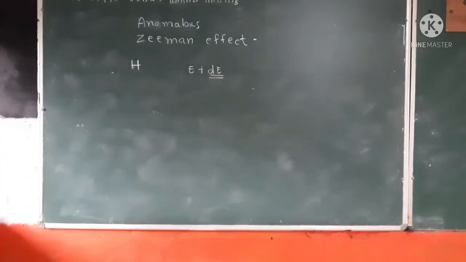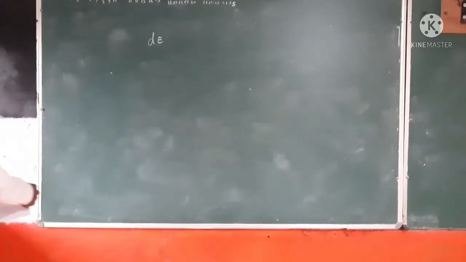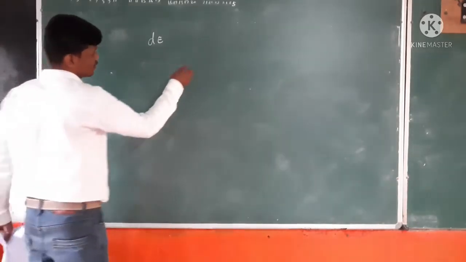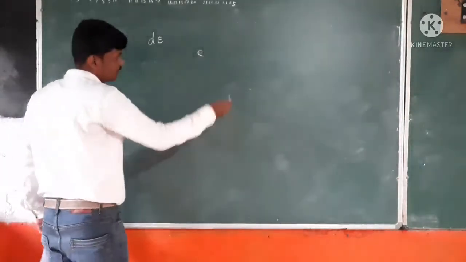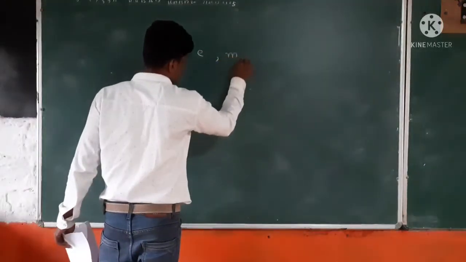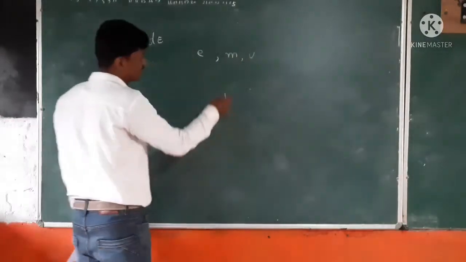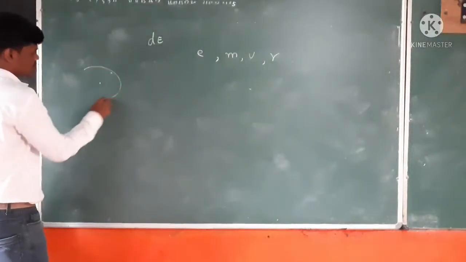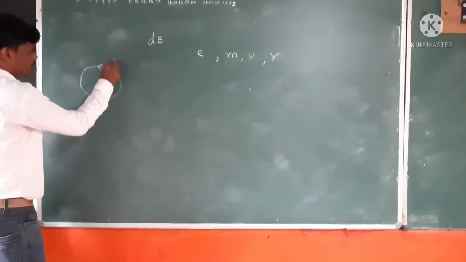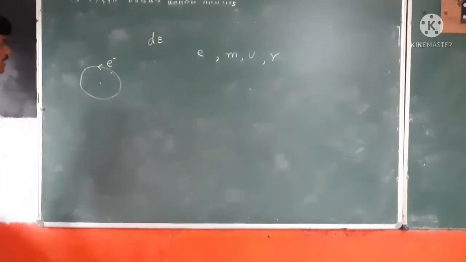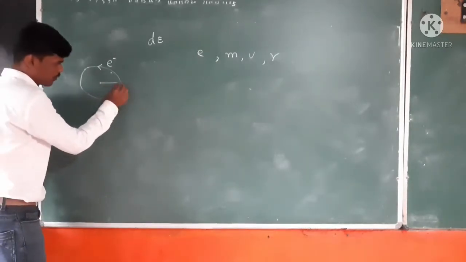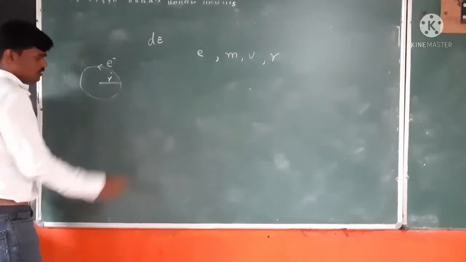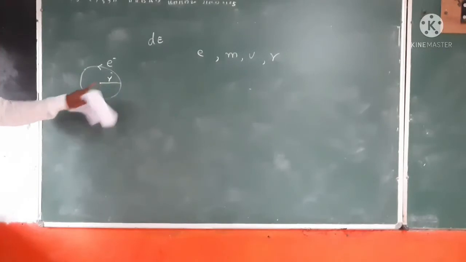So to calculate D, let's consider an electron of charge E, mass m, velocity v in a Bohr orbit with radius r. So this is an electron moving in its orbit having charge minus E with mass m in a Bohr orbit of radius r.